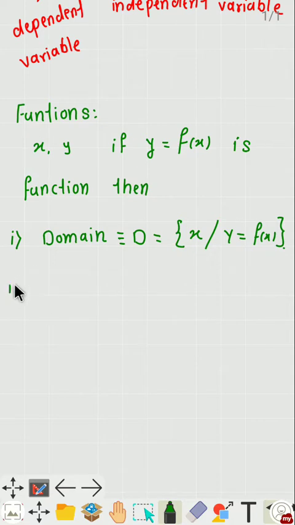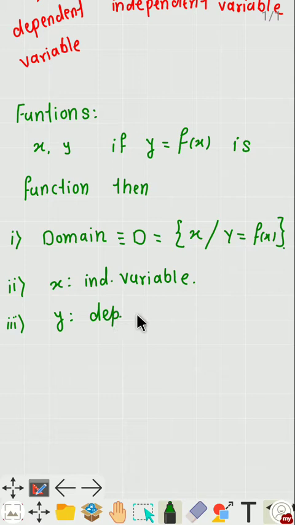Second, x is the independent variable. Third, y is called the dependent variable.